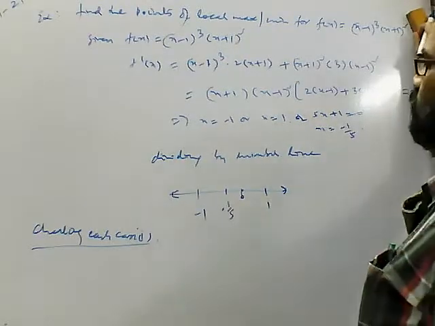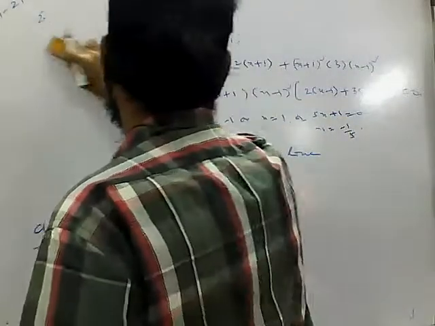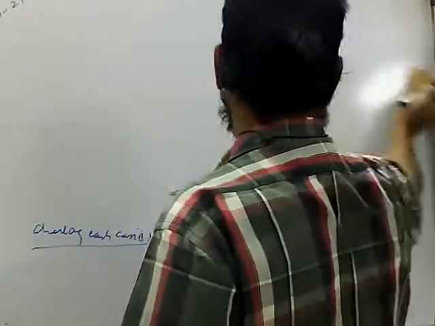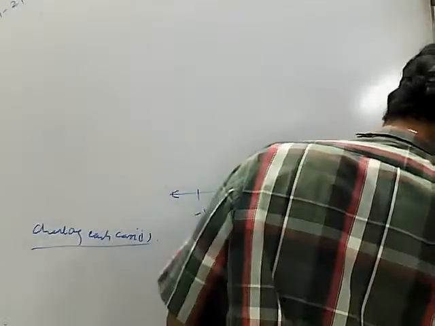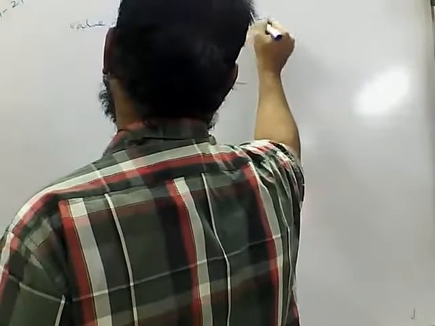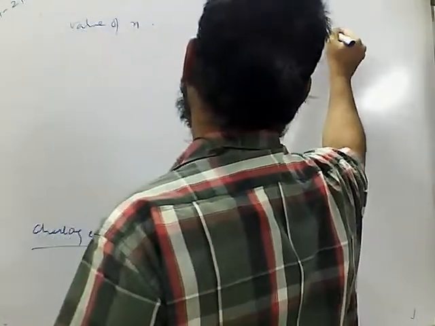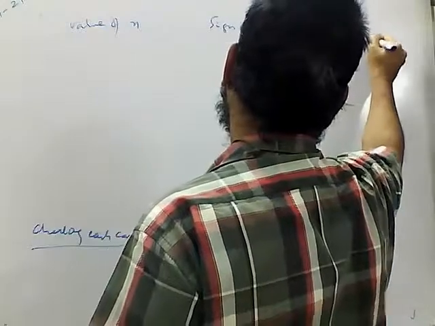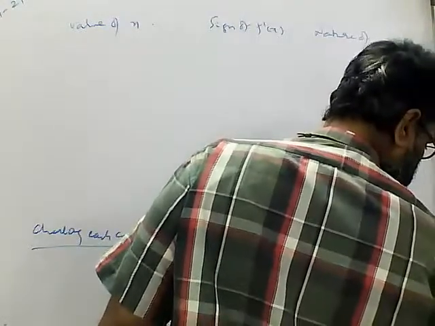Now we make a tabulation: value of x, sign of f dash x, nature of f of x, nature of point.